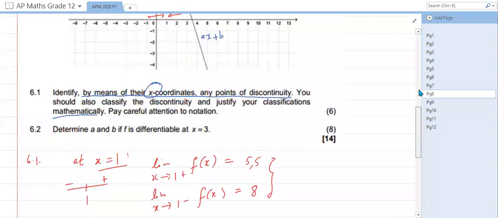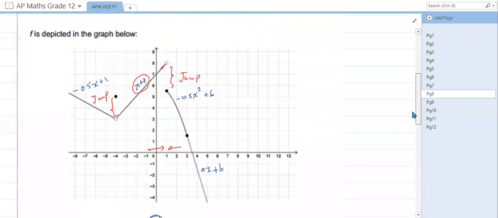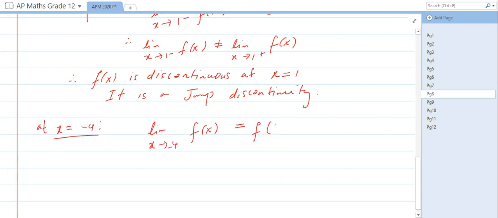Looking at the next x value where the discontinuity exists, it is at -4. So at x is equal to -4, let us use this definition of continuity. Limit as x approaches -4 of f of x is equal to f of -4.